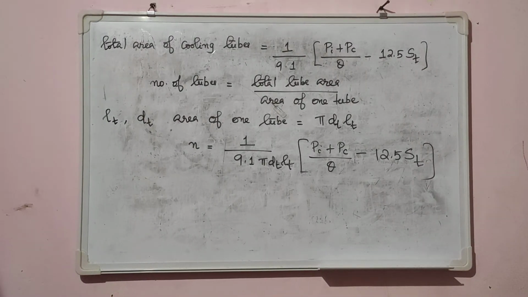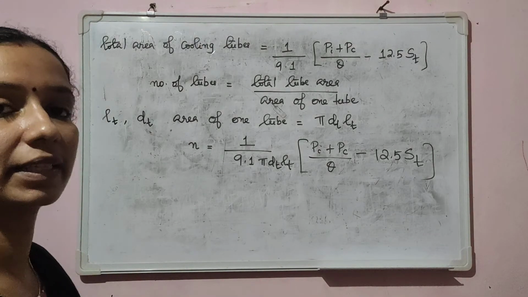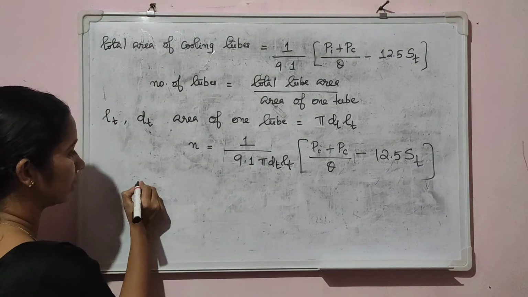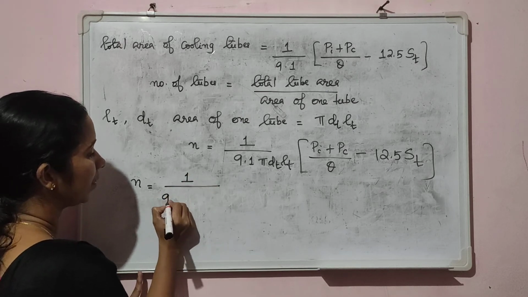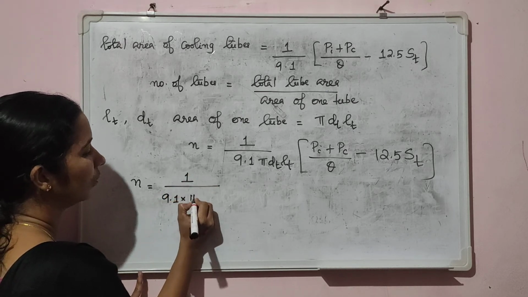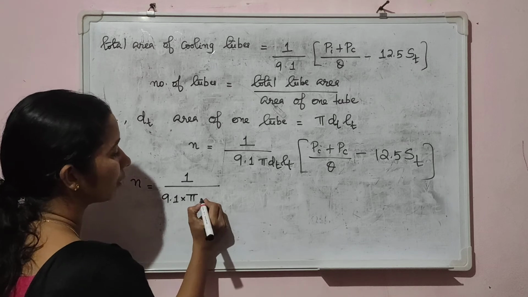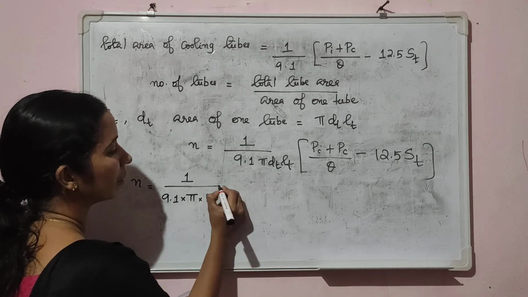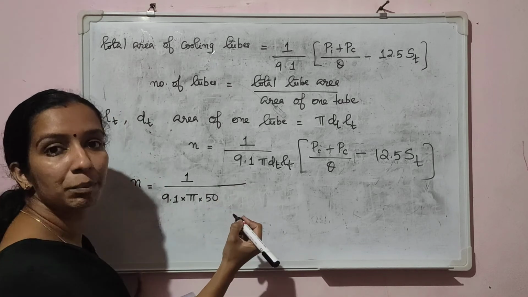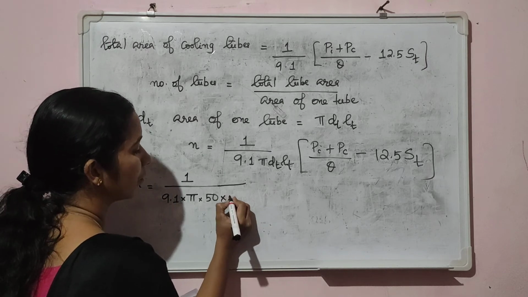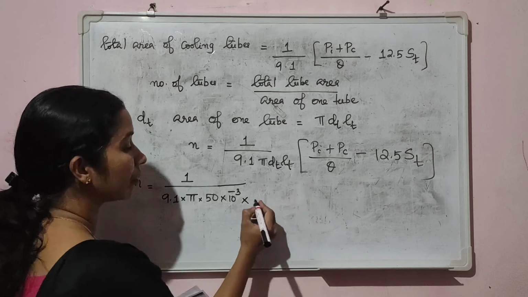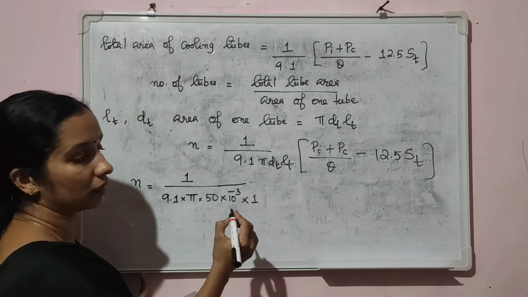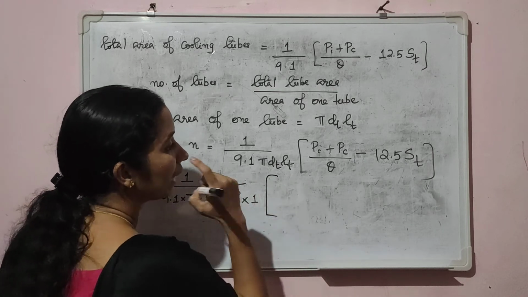So now by substituting the given parameters, we will get the number of required tubes. That is, n is equal to 1 divided by 9.1 into pi into dt. Diameter of one tube is given as 50 mm. So we have to convert mm into meters. So 50 into 10 raised to minus 3, into length of one tube is given as 1 meter, into Pi plus Pc.